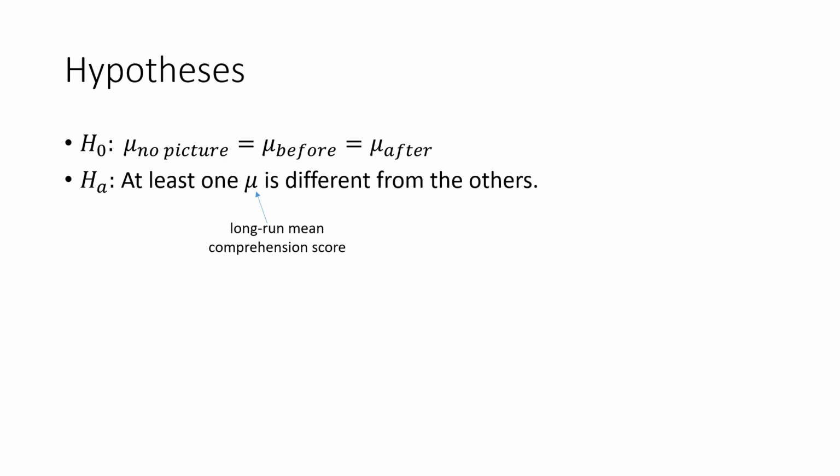In this study, our null hypothesis is that the mean reading comprehension score, mu, in the population is the same among all 3 groups. And our alternative hypothesis is that at least one of the means is different from the others. So, like the chi-squared test of independence, the alternative hypothesis is not that all 3 of the groups are different from each other, just that at least one, maybe all 3 are different.